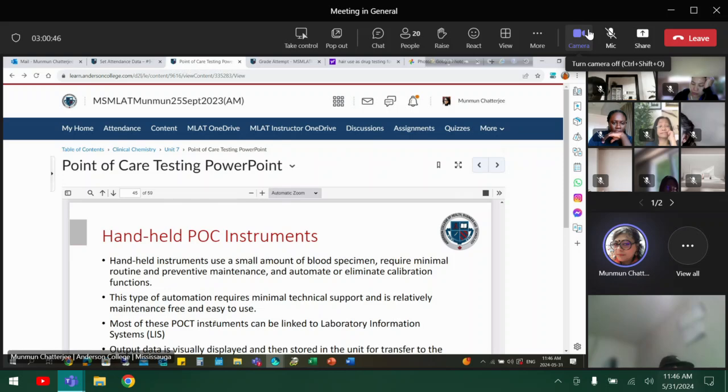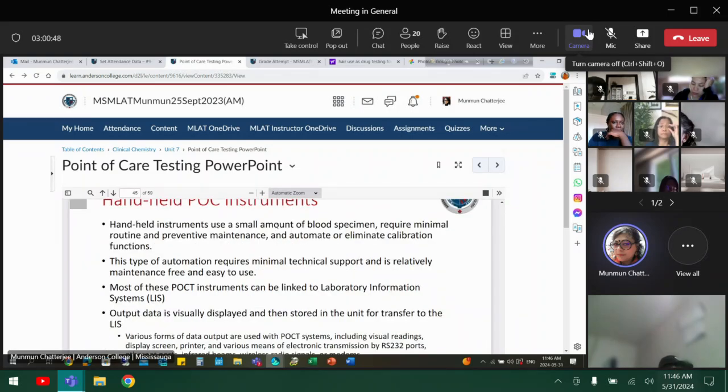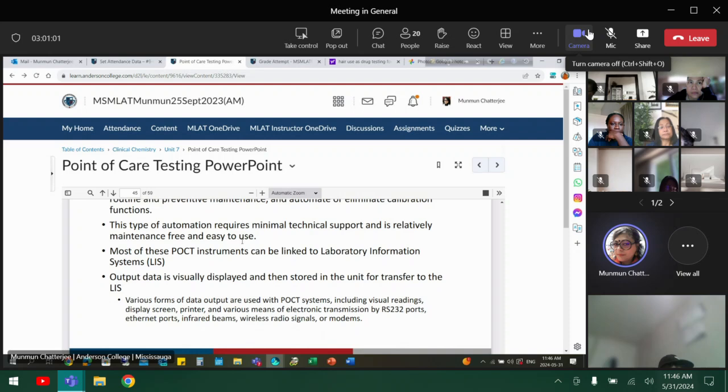So handheld POC instruments are small, use a small amount of blood specimen, and require minimal routine and preventive maintenance. Calibration function is automated. This type of automation requires minimal technical support and is relatively maintenance free and easy to use.